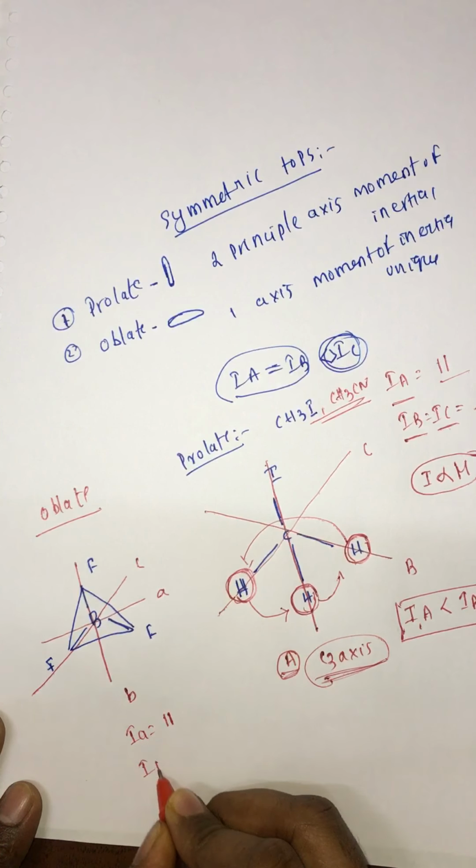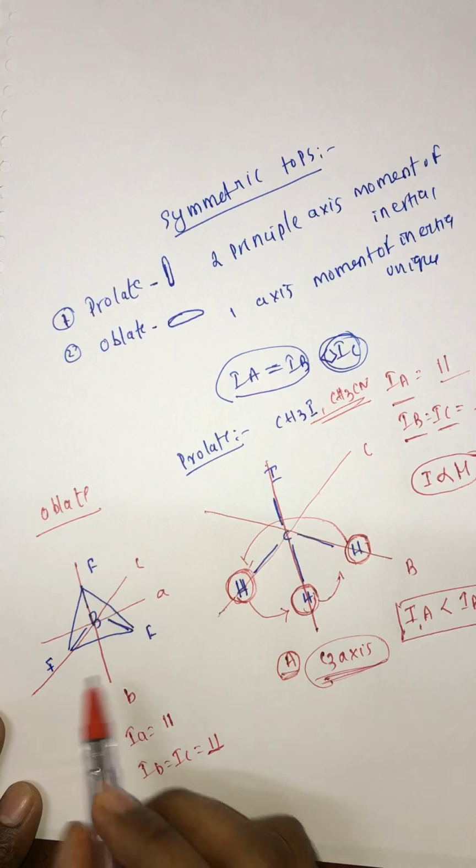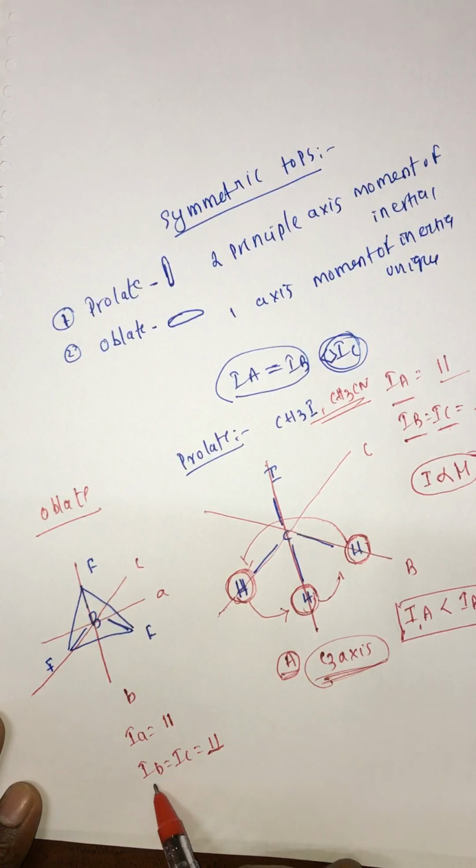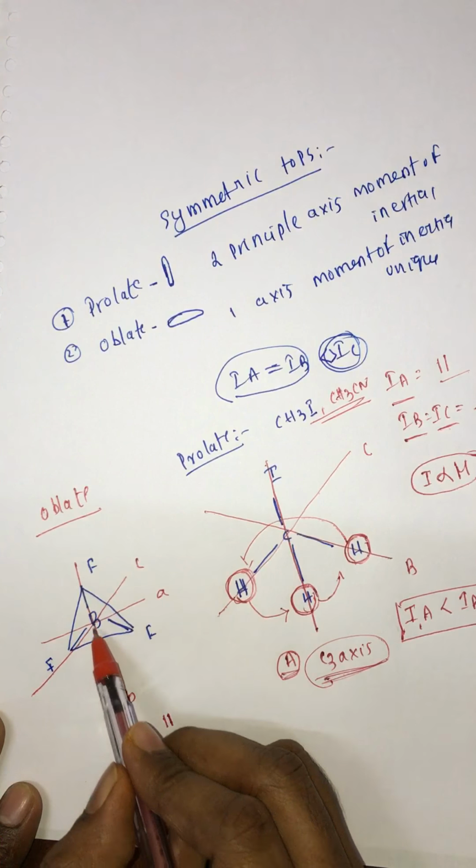Okay, so in this case IB and IC are passing through, here this is the C3 axis, right? In the case of an oblate molecule, the C3 axis passes through the three fluorine atoms and one boron atom. Whereas IB and IC do not pass through all the fluorine atoms.